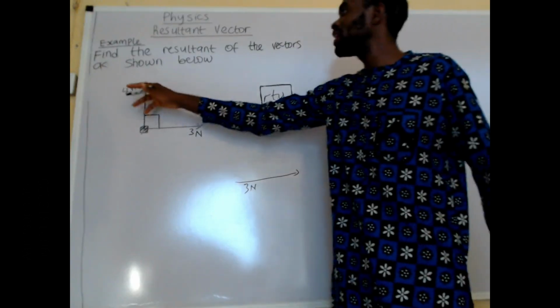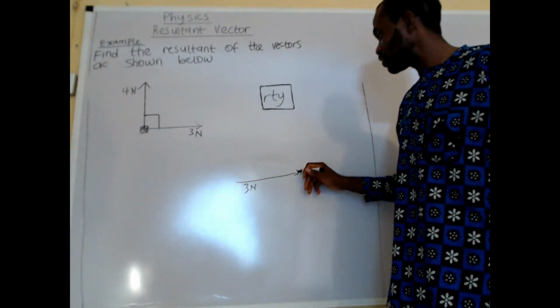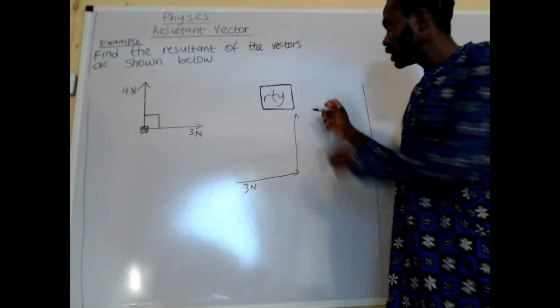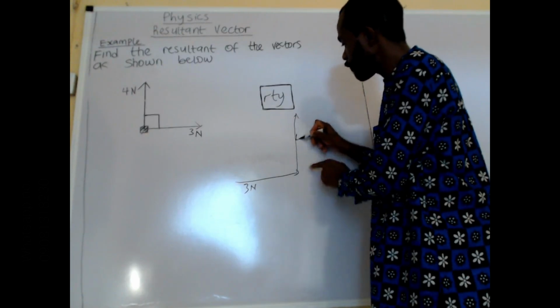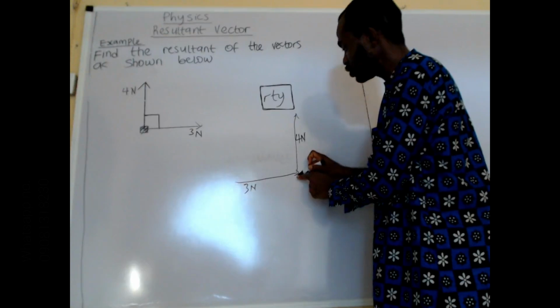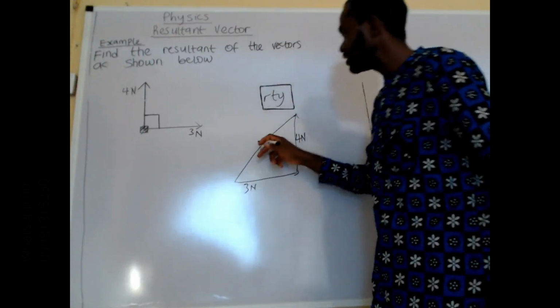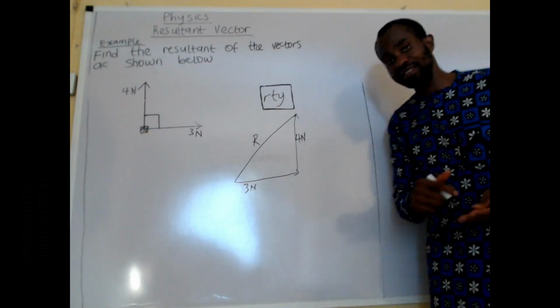Then you take the other vector, you pick the initial point, and you add it to the final point of 3N, like this. So the initial point of 4N is added to the final point of 3N. Then you join it together. This one that joins it together represents the resultant vector.